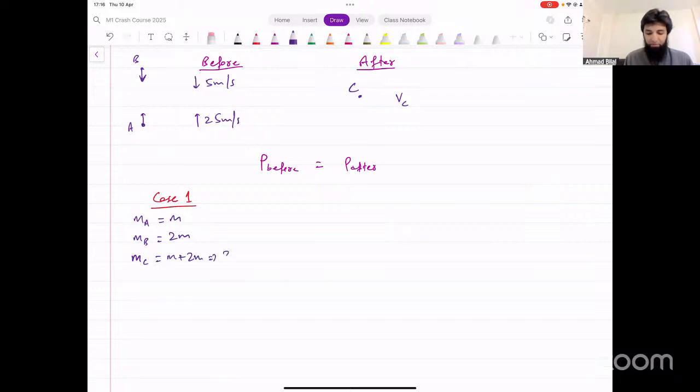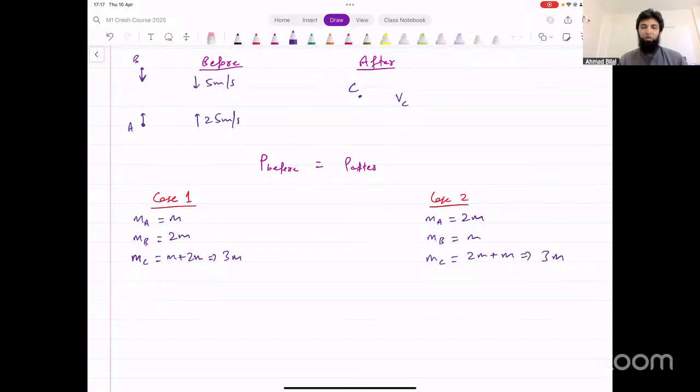That is 3M. That's case one. And the second possibility would be that the mass of A is 2M and the mass of B is M. And then the mass of C, that's the sum of both of them, still remains 3M.